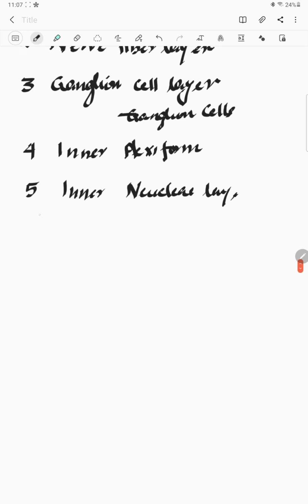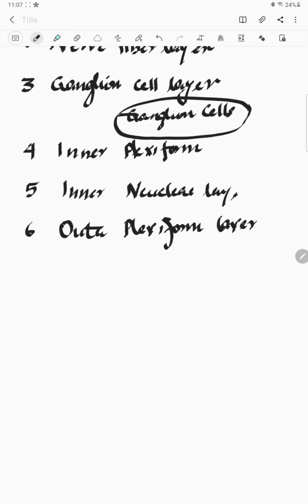Then you have an outer plexiform layer. The plexiform means it is actually a synapse between two cells. So inner plexiform is a synapse between the ganglion cells in the ganglion cell layer and inner nuclear layer cells, which is bipolar cells.